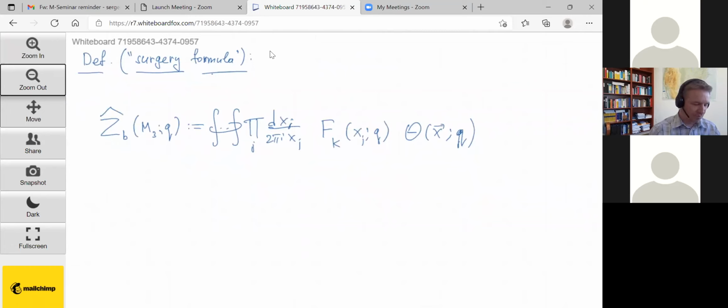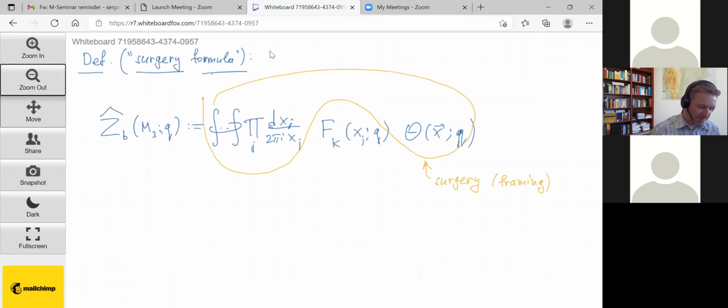There are basically two parts to remember. So the first part is exactly what we saw earlier. It involves the integral and theta function, and this is where the surgery or framing data enters.